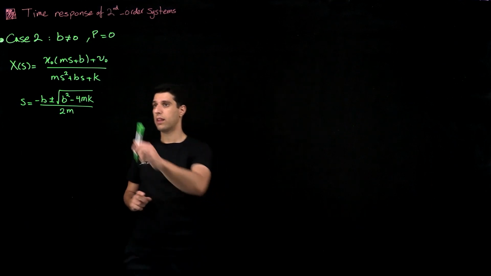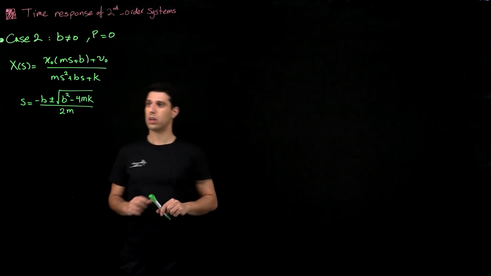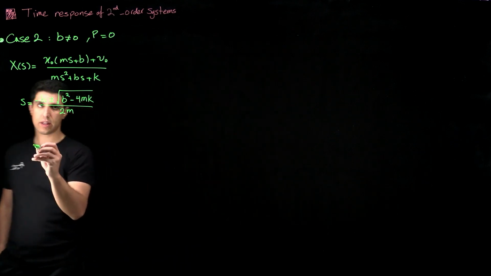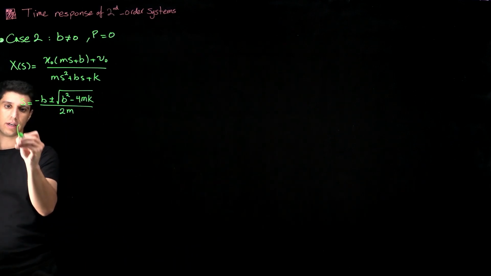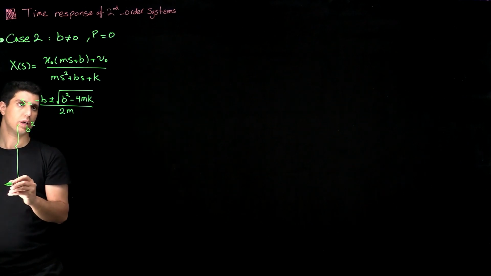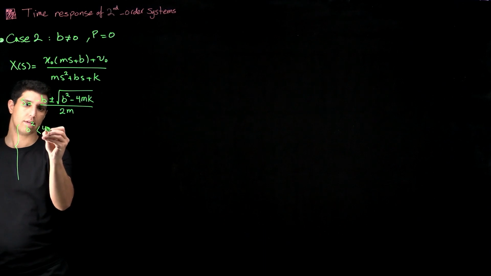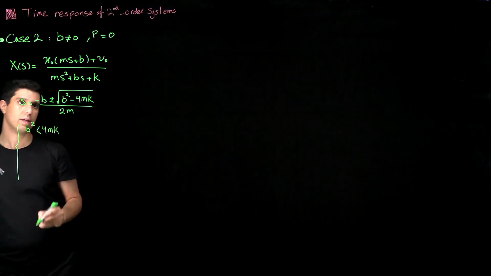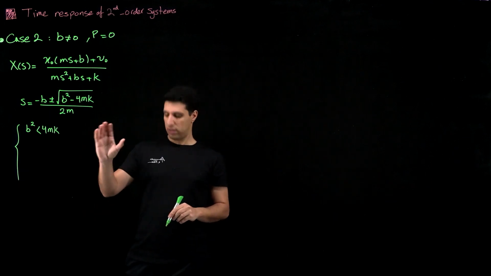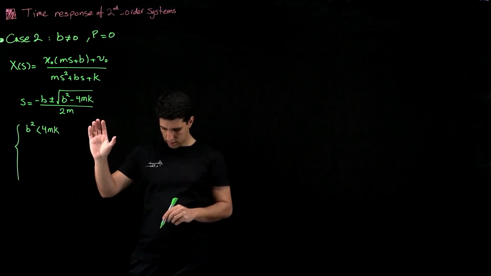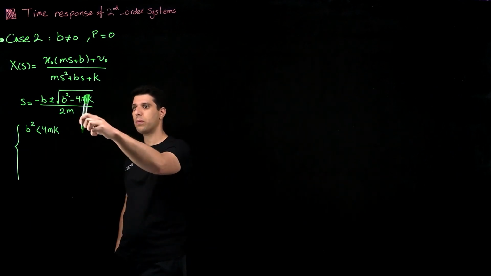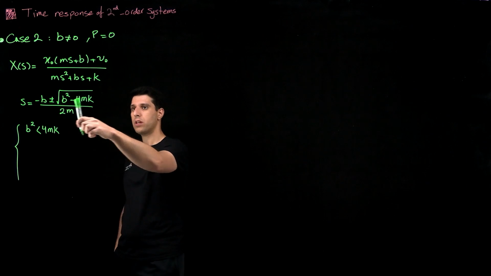And this square root is very important, very interesting. So let's consider two conditions. If b squared is less than 4mk, this one becomes smaller than that.